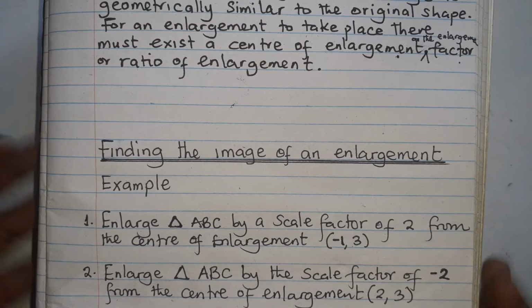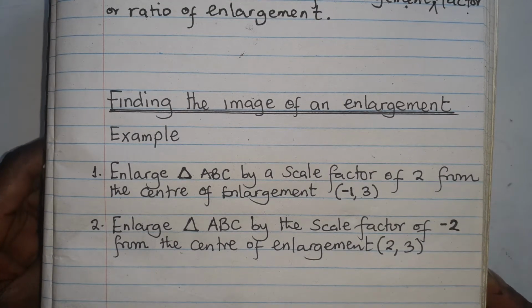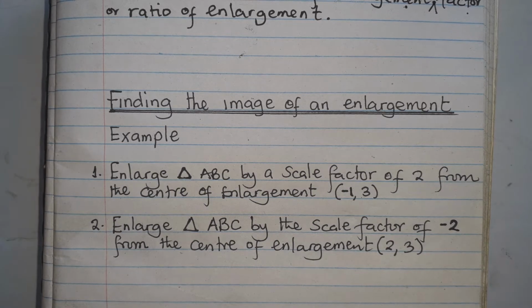In this first lesson on enlargement, I'm going to present two lessons. In this first lesson, we're going to look at how we find the image of an object when we are given the center, the scale factor, as well as the object.